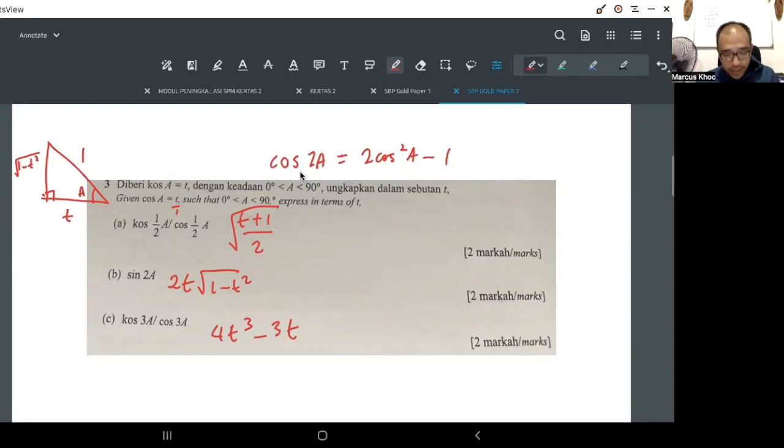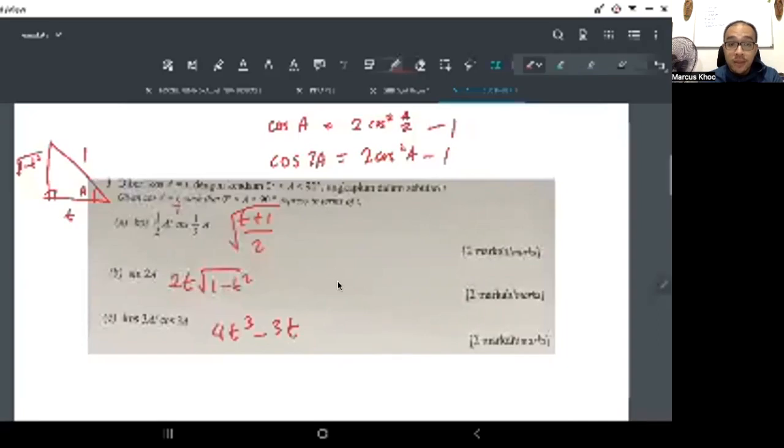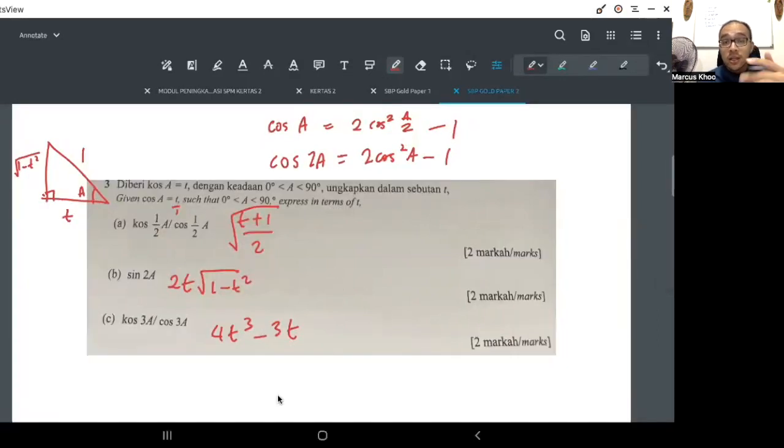By that definition, if I divide all the angles by 2, what I will get is cos A equals 2 cos squared (A over 2) minus 1. The relationship is still there. All I did is just divide all the angles by half.